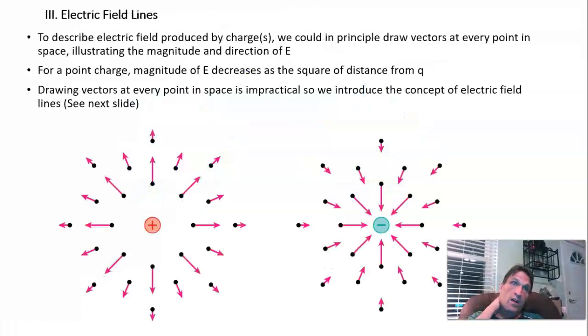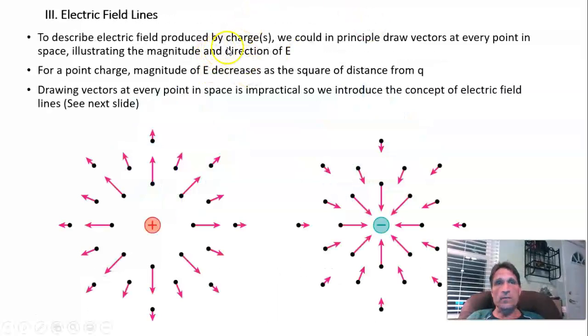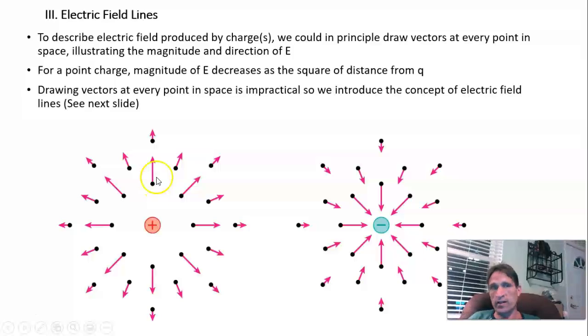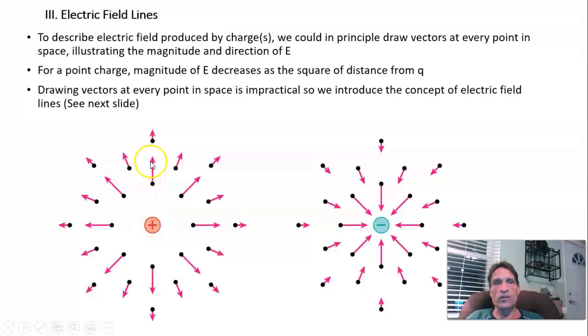Now, in principle, we could describe the electric field due to a charge by drawing vectors at every point in space, where the magnitude of the vector at a given point is proportional to the magnitude of the electric field strength, and the direction gives the field's direction. For a positive source charge, for example, every time you double the distance away from the charge, the length of your electric field vector would decrease by a factor of 4.